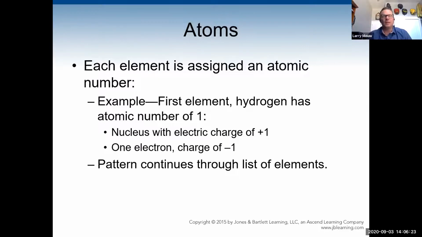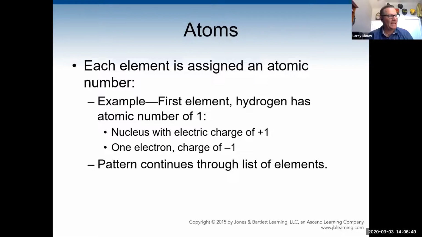Each element is assigned an atomic number. For example, the first element in the periodic table is hydrogen. It has an atomic number of 1, has a nucleus with a charge of positive 1, and it has 1 electron floating out here with a charge of negative 1, so it balances itself out. Now this pattern continues throughout the list of all the elements.